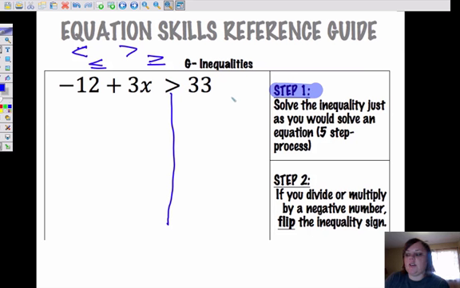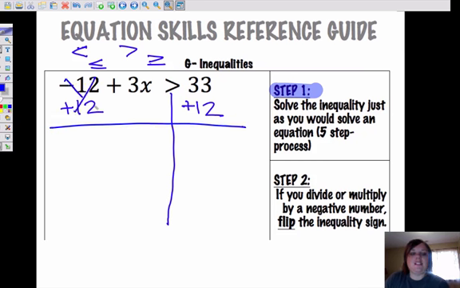So I'm already down to step number 4, where I undo the addition or subtraction on the variable side. I want to eliminate this constant. Since it's a negative 12, I need to undo that by adding 12. So I add 12 to the left and I add it to the right. That cancels out and I am left with a positive 3x is greater than 33 plus 12, which gives me 45.